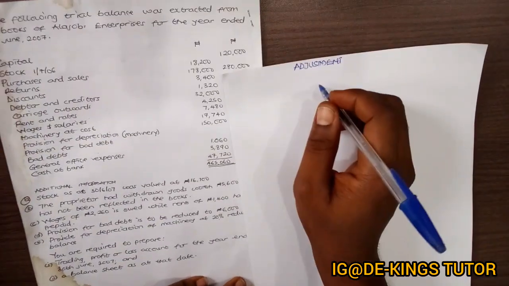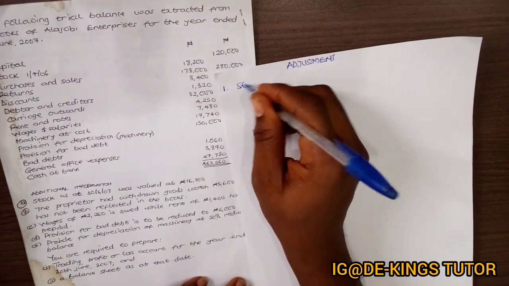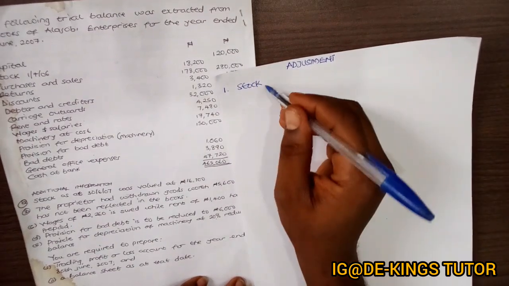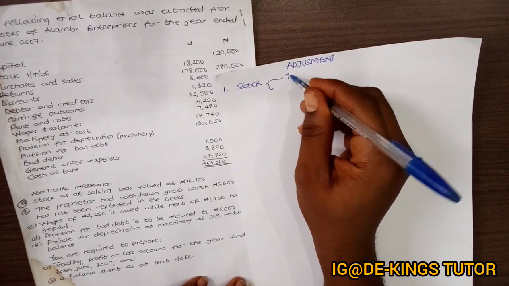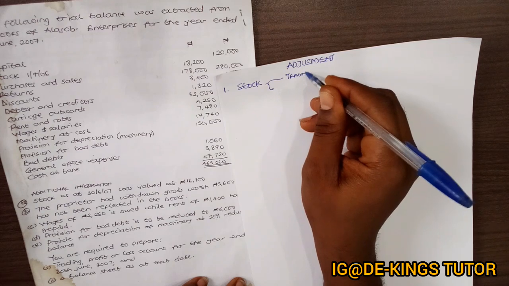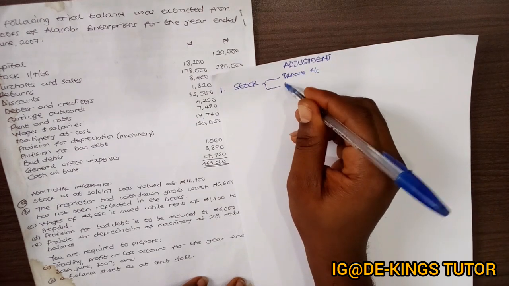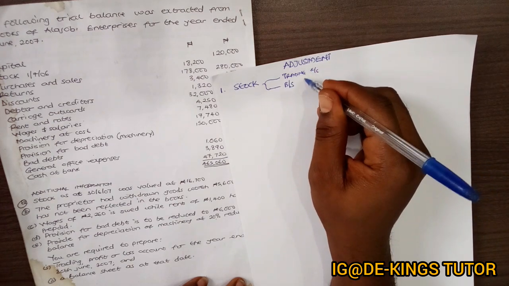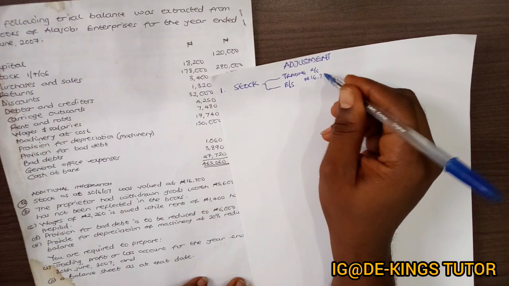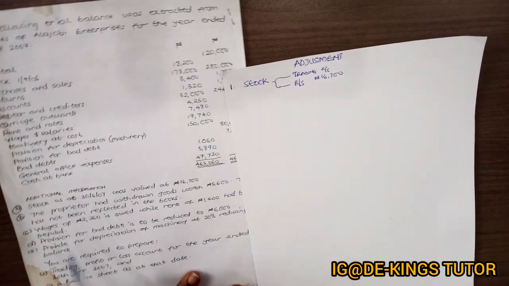In the adjustment, we have our stock. The stock will go to the trading account and also to the balance sheet, and the amount is 16,700. That's the two places it will go. That's the first one, stock.